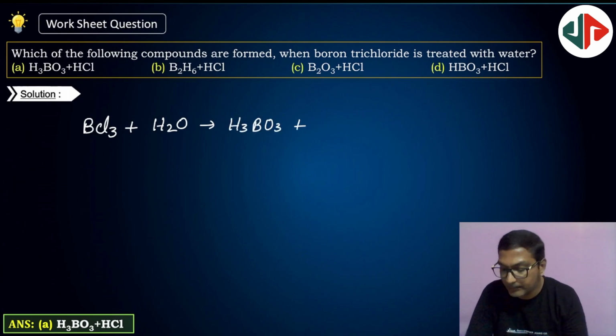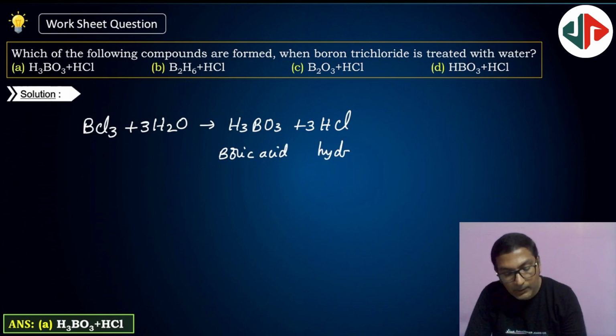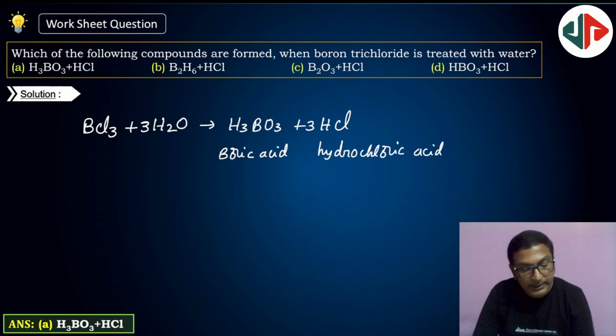It gives H3BO3 plus HCl. So balance this one. Write 3H2O, 3HCl. So this one is boric acid and hydrochloric acid. Check here, H3BO3 and HCl will be formed. Option A.